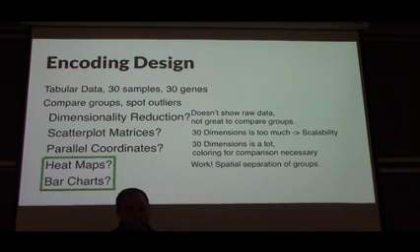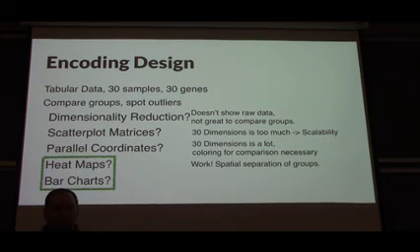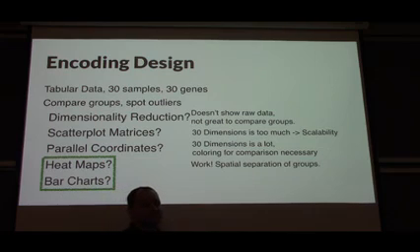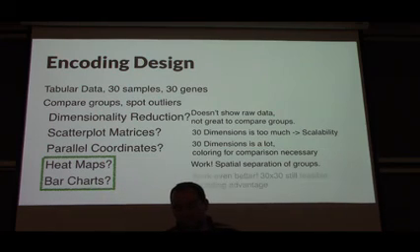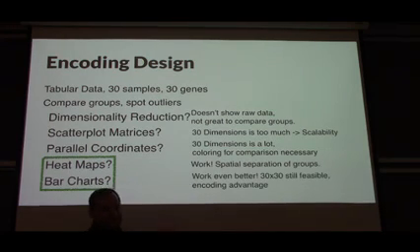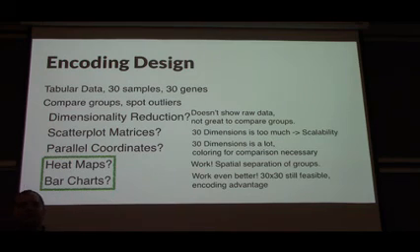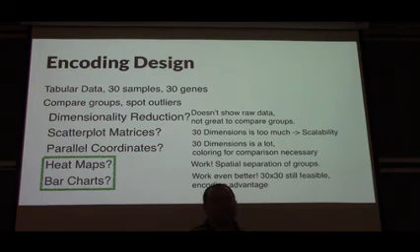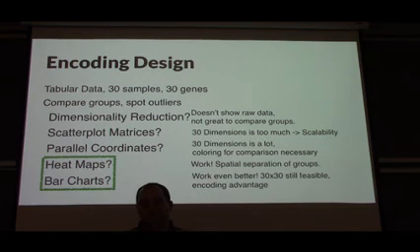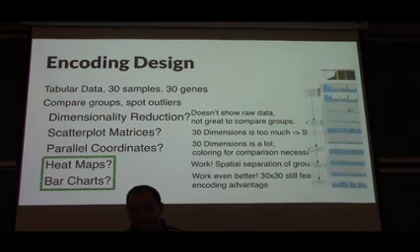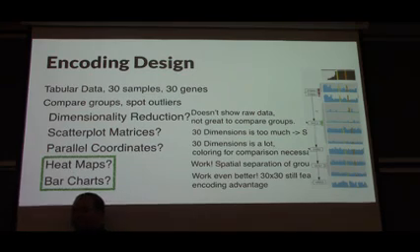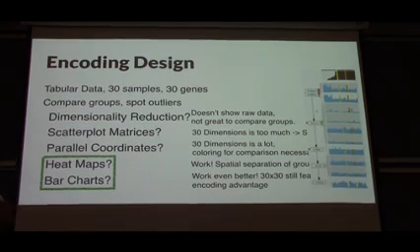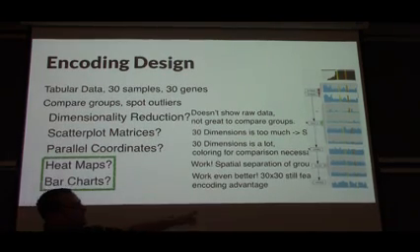So in the heat map, we have a very clear spatial separation of the groups. We see the patterns based on the colors. And for bar charts, they probably work even better because 30 by 30 bars is absolutely feasible on a typical screen. And we have the encoding advantage that we can see bars better. This is a task that I actually encountered in one of my research projects, and this is our solution.